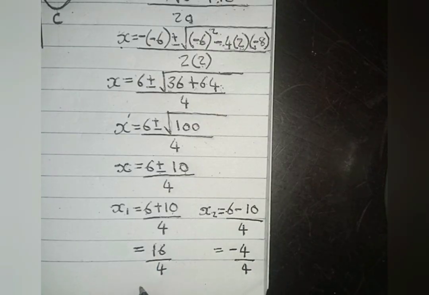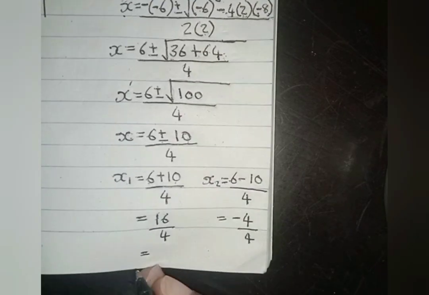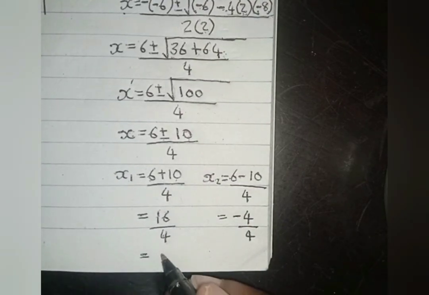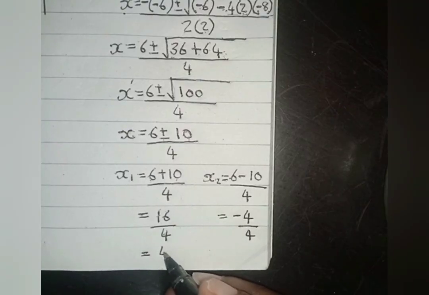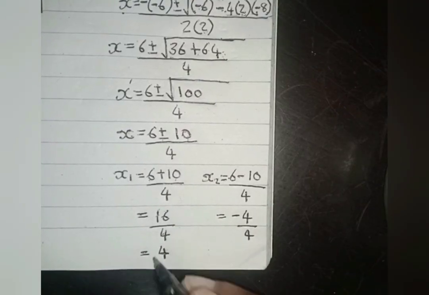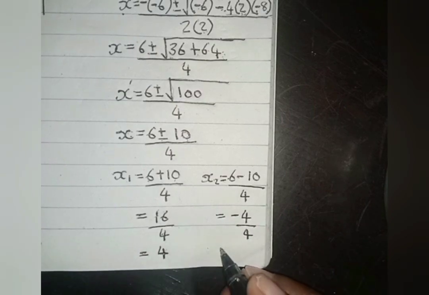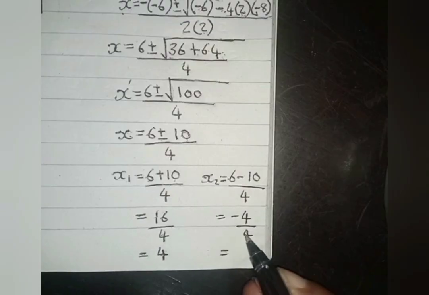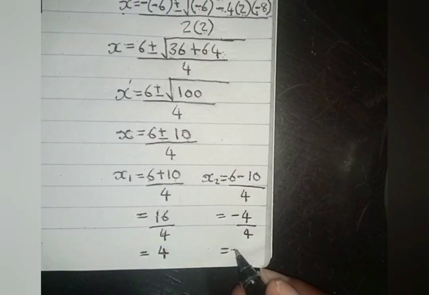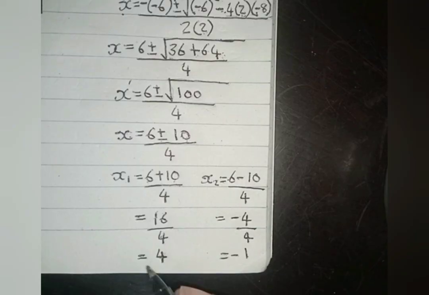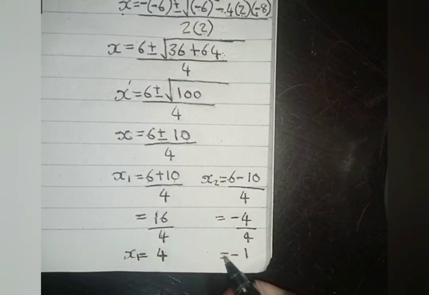Let us see, 16 divided by 4, we get 4. Then here we have -4 divided by 4, we get -1. So these are the two values of x. This is our x1 and this is our x2.